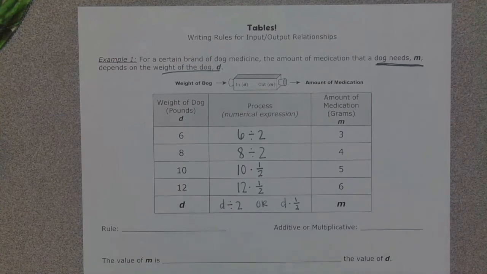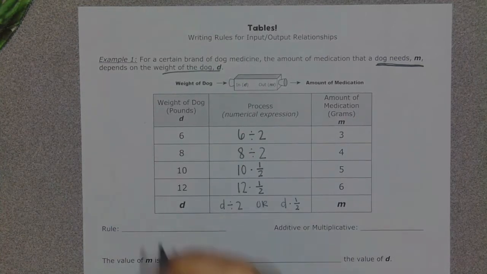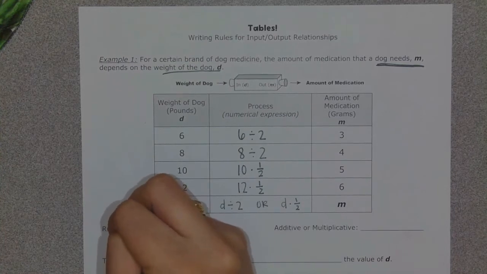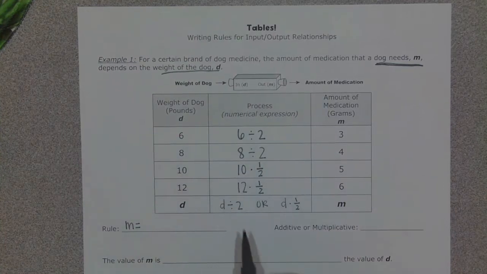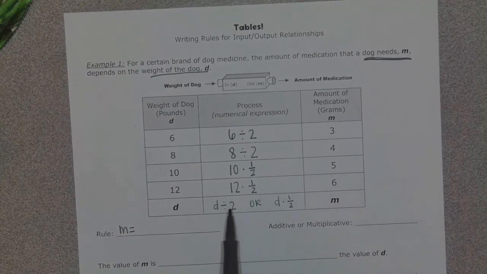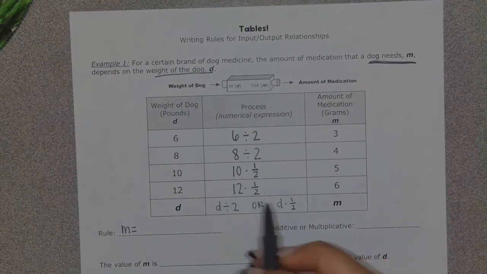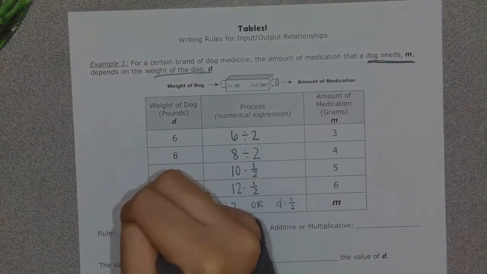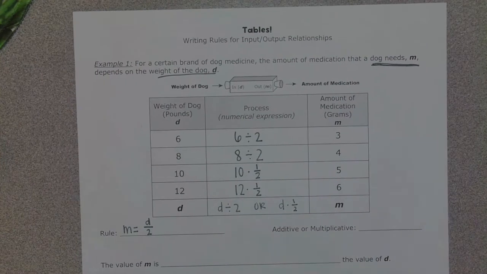So I need to write a rule, and I'm actually going to have two rules here depending on which process I pick. So I'm going to do the first one, divided by 2. If I were to write my rule, my output, which is M, is equal to D divided by 2, but I'm going to write it a little bit differently because I don't want to use the division symbol. Remember, another way that we can write division is as a fraction. So D would be my numerator, 2 would be my denominator.